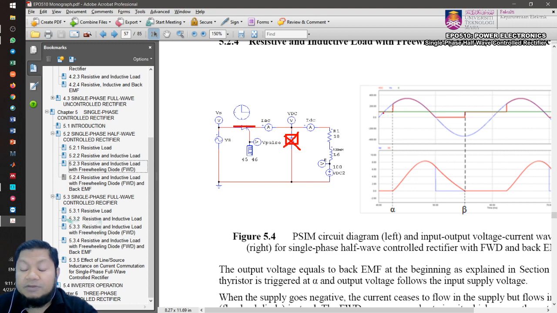And before that, sorry, before that, there is no current flow, isn't it? There is no current flow, and the thyristors will be off. And also this is off, right? So the current is also off because there is no current flow here. Current I is 0, and therefore VDC will be equal to the back EMF.